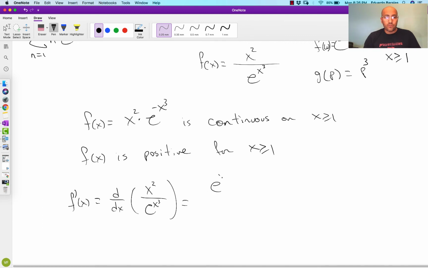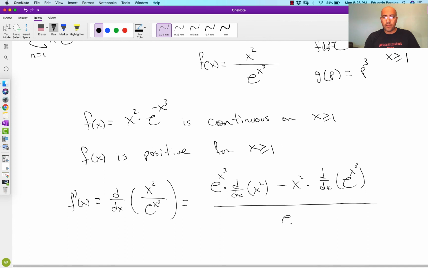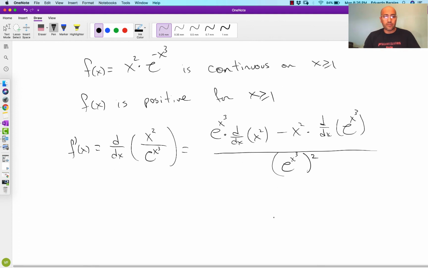So low d high minus high d low over the denominator squared we go. Okay, so that looks fairly ugly. So let's simplify that just a little bit.